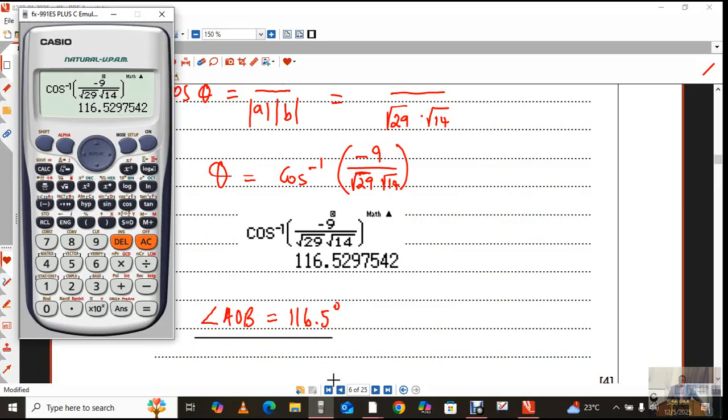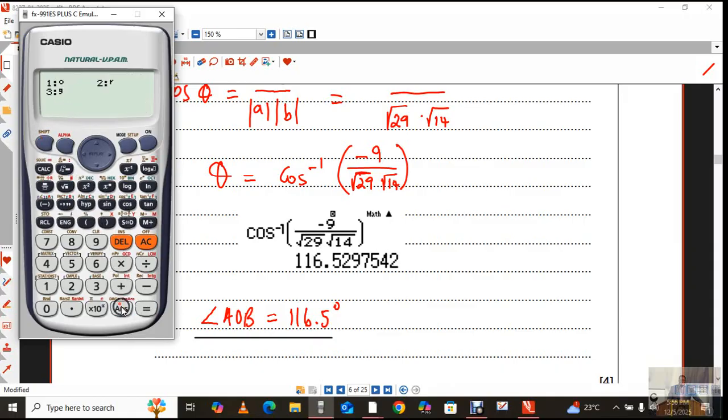You'll still get the same marks if you want to change these to radians. Let's see. So this is in degrees, and I need this to be in radians. If I hit equal to, what is this answer in radians?